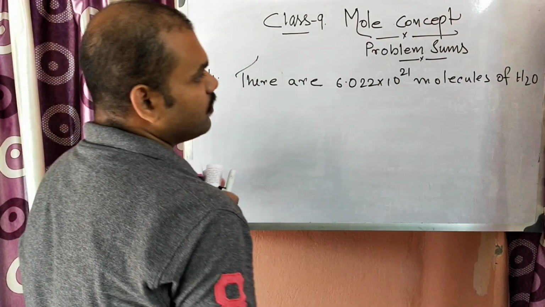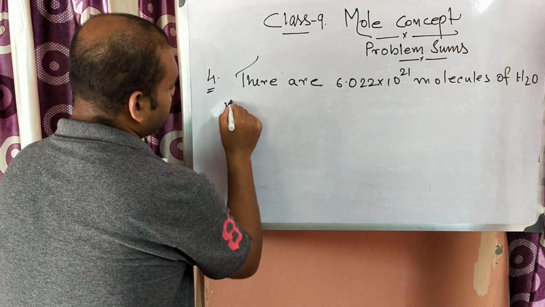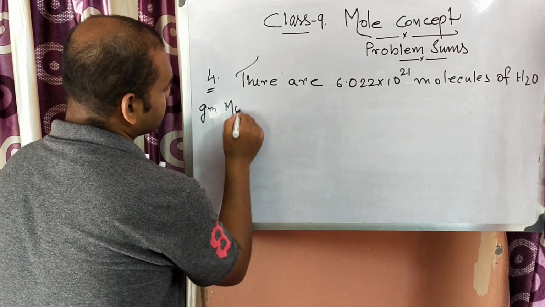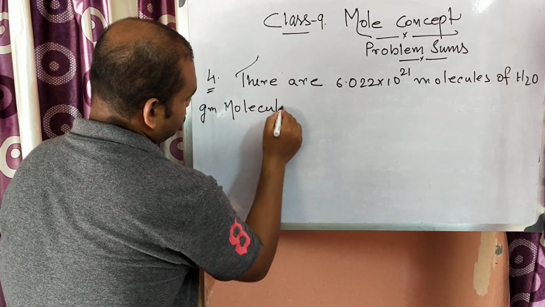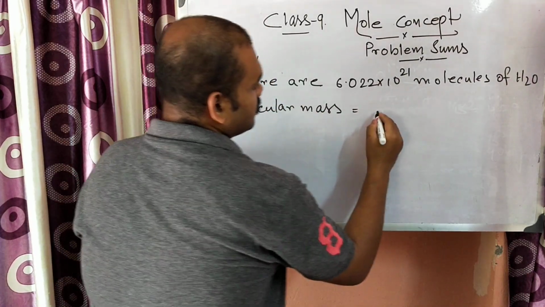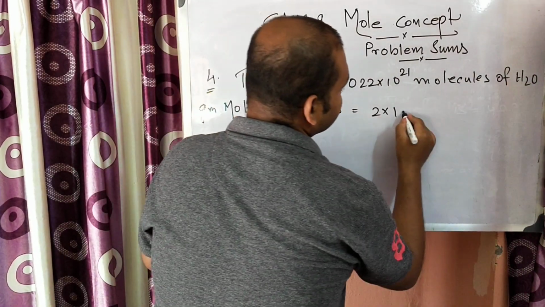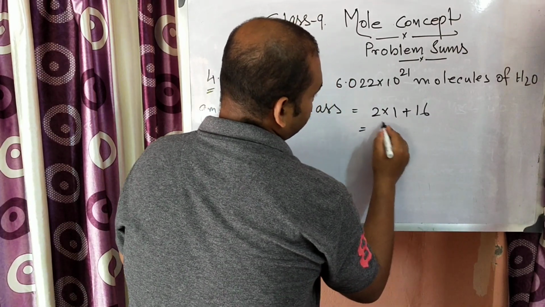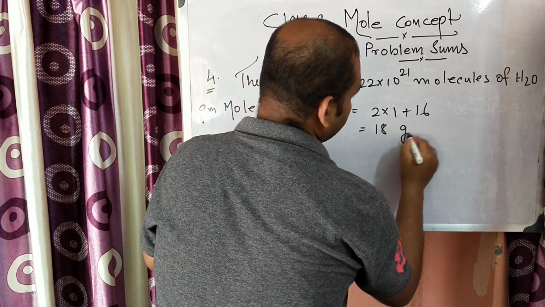So what is the molecular mass of H2O? Gram molecular mass is 2 into 1 and O is 16, so 2 plus 16 is 18 gram.